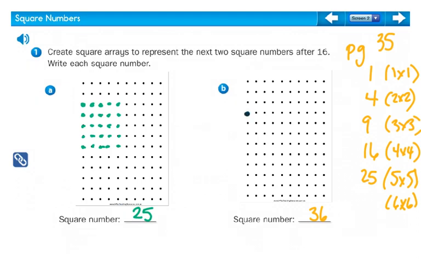You're going to darken in 6 in this row: 1, 2, 3, 4, 5, 6. And 6 in each column. You should be doing the same thing in your math journal on page 35 with me.